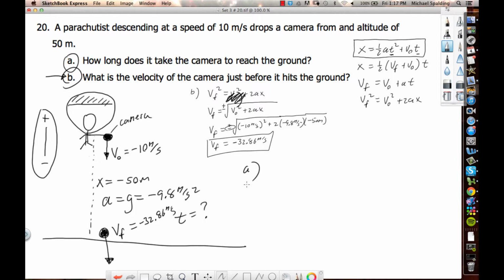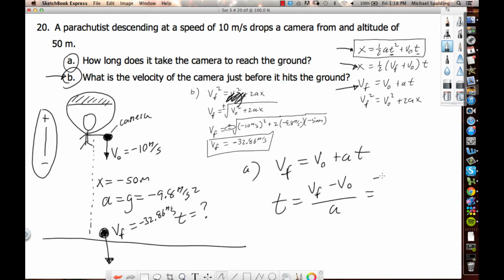Could we use the second equation to get time? Yep. Could we use the third? Yep. Or even the first, but again, the first is going to give you the quadratic. I like the third equation: v final equals v initial plus at. So t is going to be v final minus v initial, over a, and then plug the numbers in.